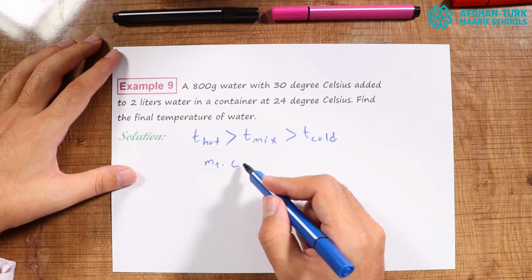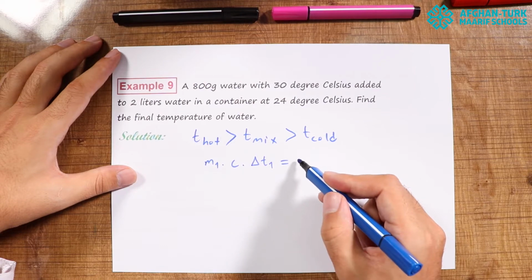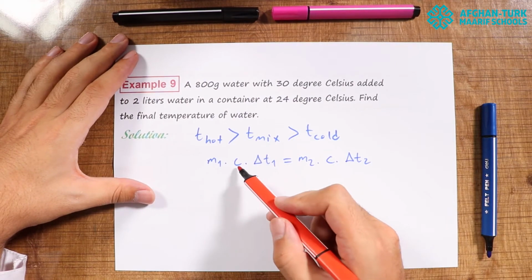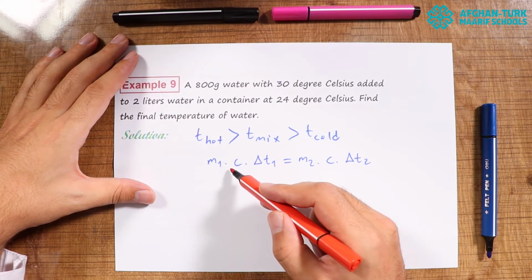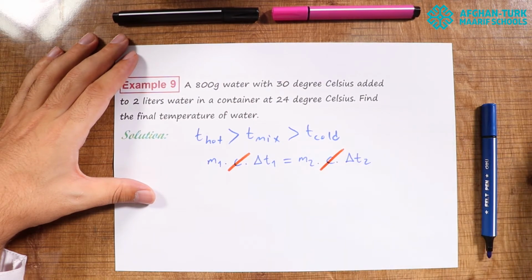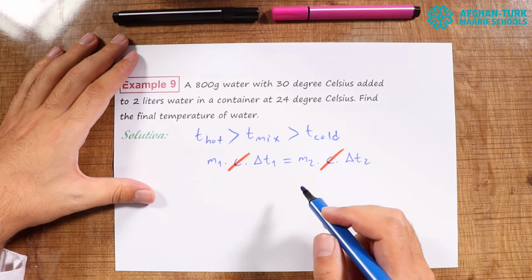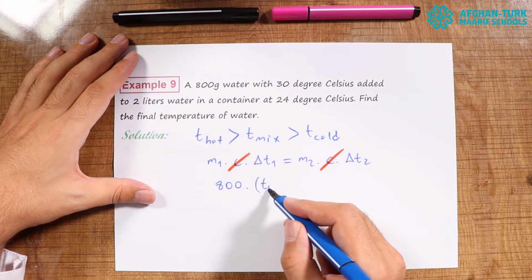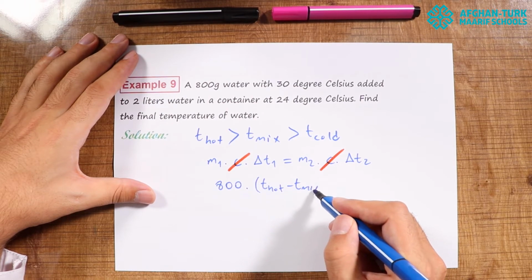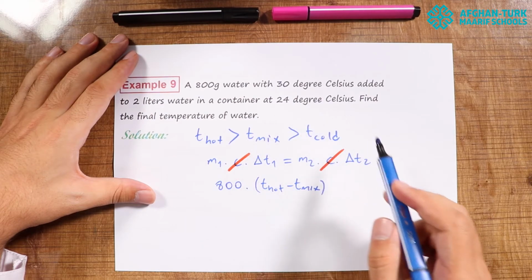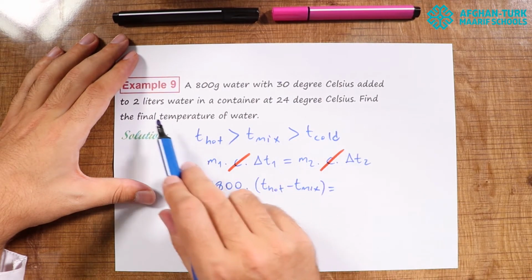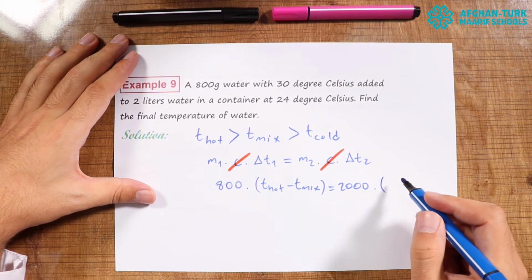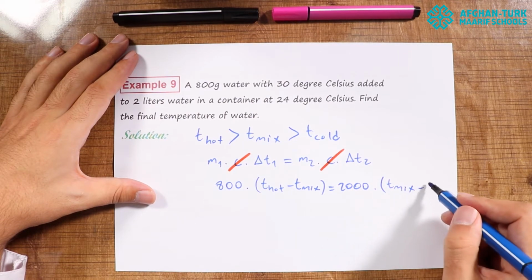M1 times C times delta T1 is equal to M2 times C times delta T2. Because they are the same element, they have the same specific heat capacity, so I can cancel out C. M1 is equal to 800 times T hot minus T mix, because the first one is hotter than the second one, and that's equal to 2 liters, which is equal to 2000 grams, times delta T2, which is T mix minus T cold.